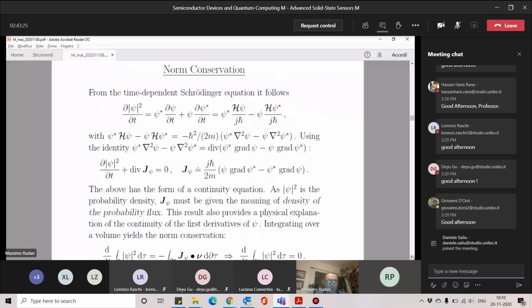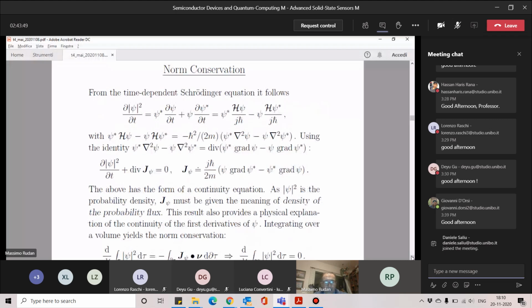So we have a product of two things. So we take the derivative of the product that becomes psi star times the derivative with respect to time of psi plus psi times the derivative with respect to time of psi star.